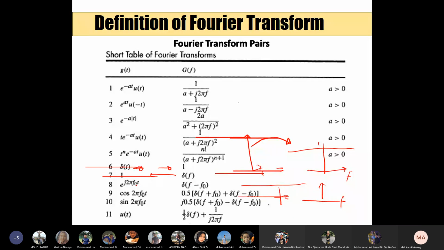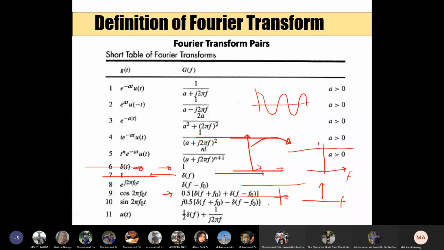And for the cosine, you get this. See, cosine of 2 pi f naught t. If let's say you have a cosine function like this, right?